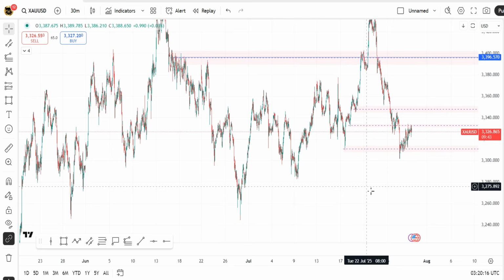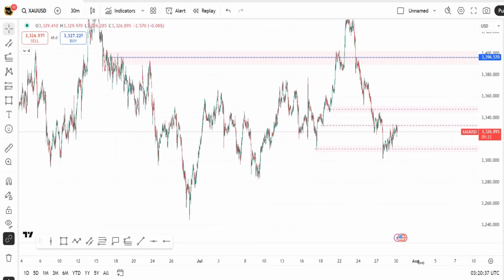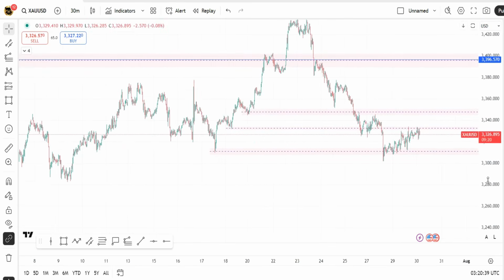Higher time frame charts are good for the trend and the prediction of the market. But if you are an intraday trader, it will be much better for you to cross check your analysis along the 30-minute and even the 15-minute chart. So right now we need to see first of all what the trend of the market is.